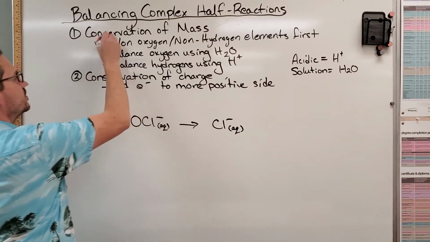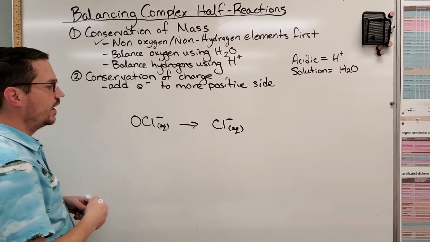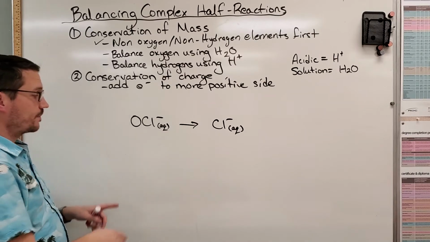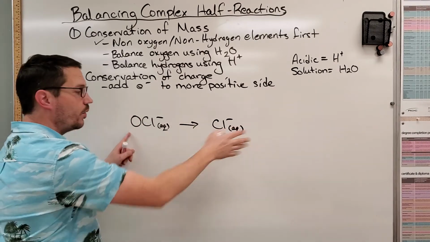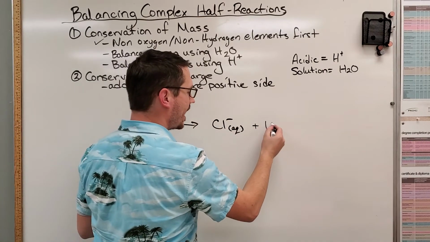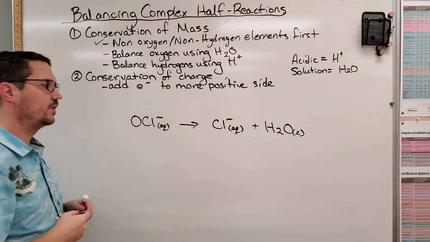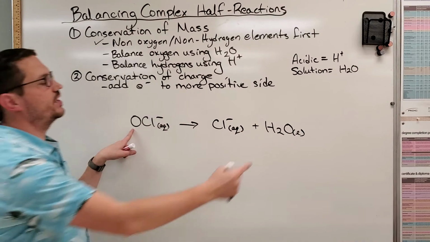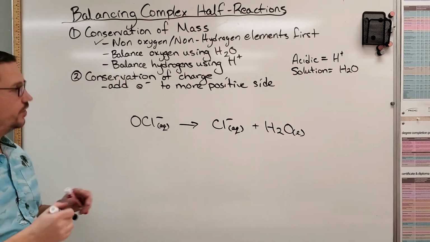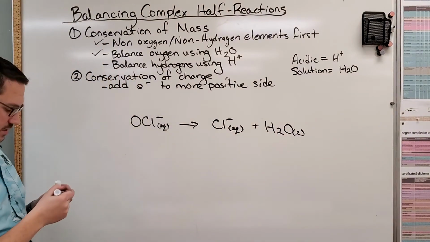So the non-oxygen, non-hydrogens are done. Then we have to do the oxygens. 1 oxygen, no oxygens. So I'm going to add water. So 1 oxygen and 1 oxygen now. Good. The oxygens are balanced.